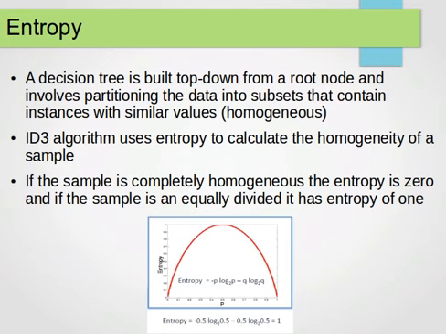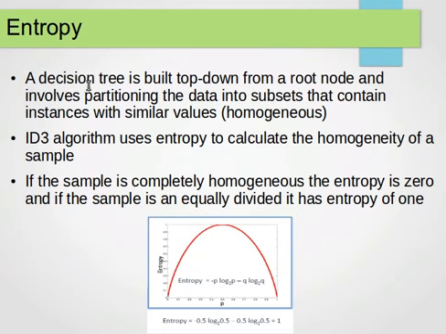The way it's done is by multiplying the probability of each category or each class by the log to base 2 of that probability and summing over all the classes. I'll come to that in the next slide.